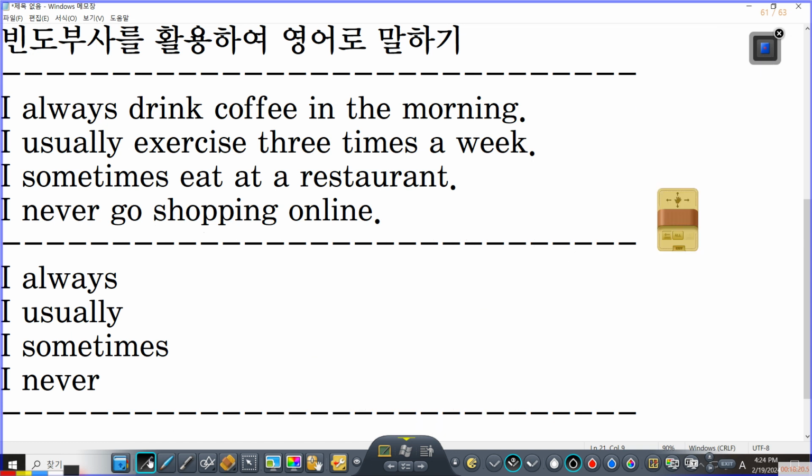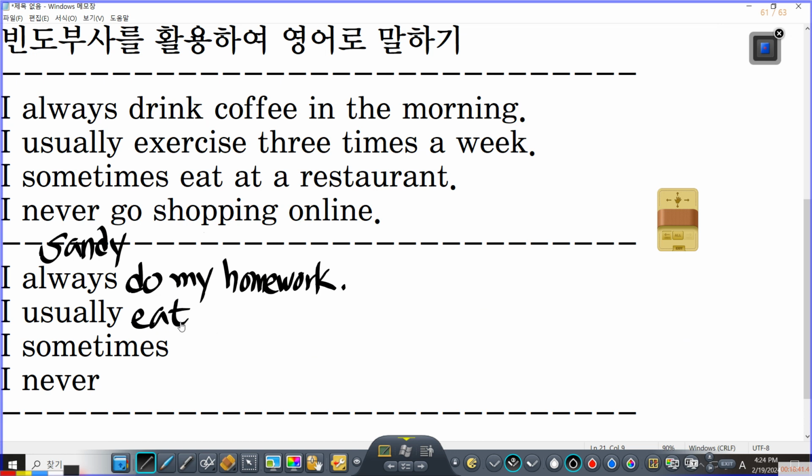그렇죠. What do you always do? Okay, I always do my homework. And what do you usually do? I usually eat at restaurant. 나는 주로 식당에서 밥 먹는다. 집에서는 밥은 맛이 없어가지고 식당에서 밥 먹는다. 오케이. 그럴 수 있죠.